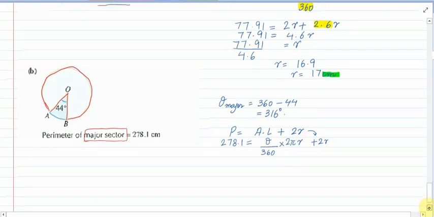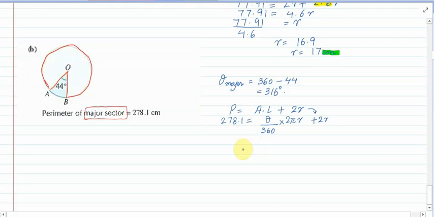Now in this equation r is unknown. First we need to place the value of theta, not 44, the value we found, that is 316, divided by 360 multiplied by 2 pi r plus 2r equals 278.1. Now you need to start solving this portion, right?